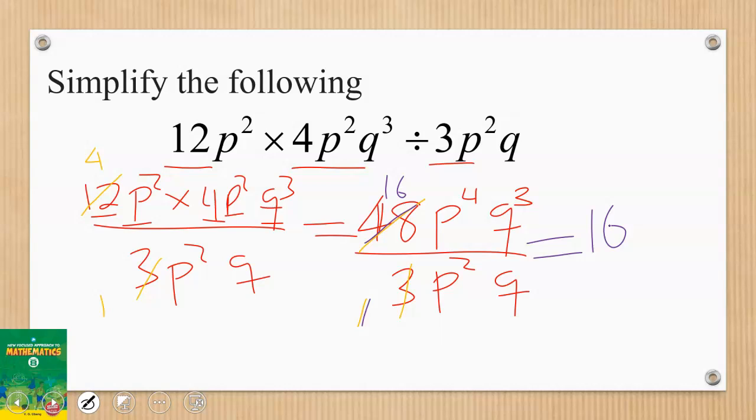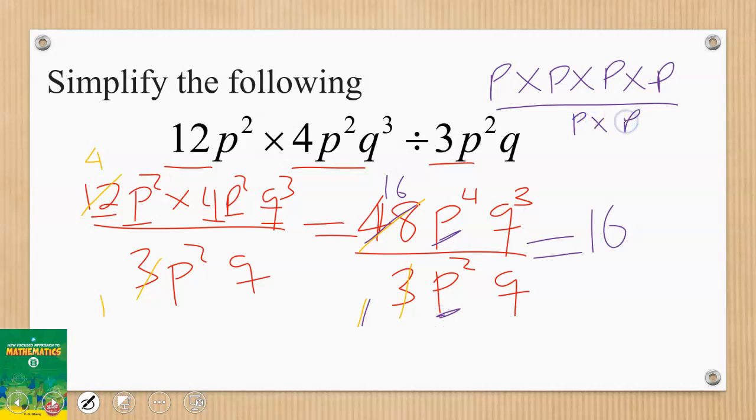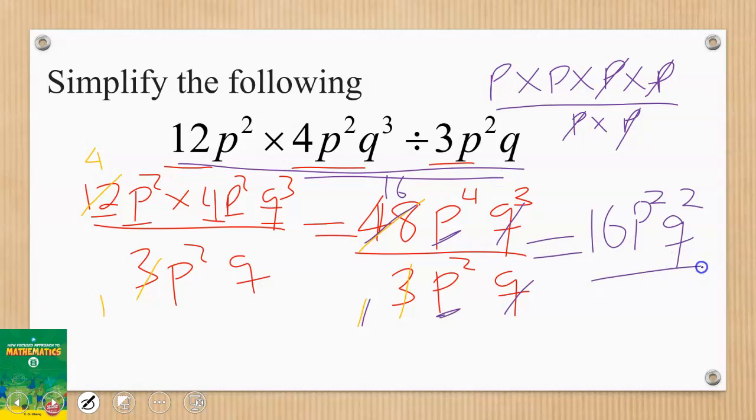Here we have p to the power 4, which means p four times, divided by p to the power 2, which is p times p. You can see that this can cancel, and we are left with p squared up there. Then here, q to the power 3 over q, we are left with q to the power 2. So in the more simplified way, this whole thing will give us 16p squared q squared.